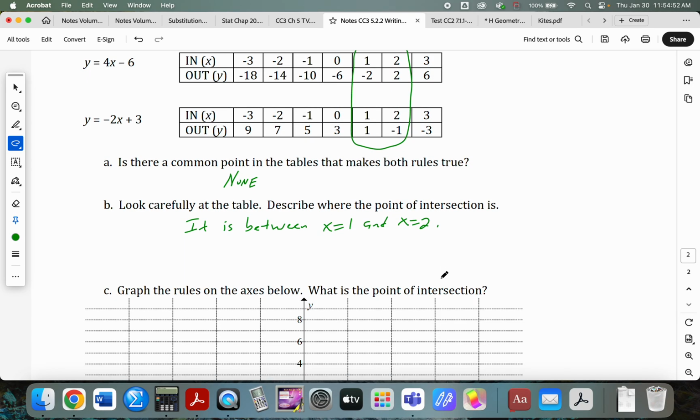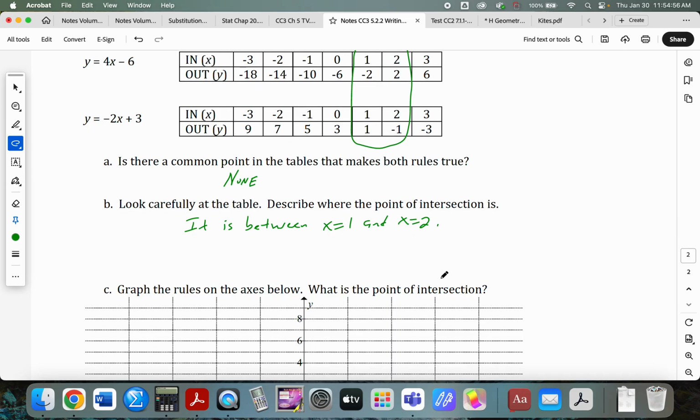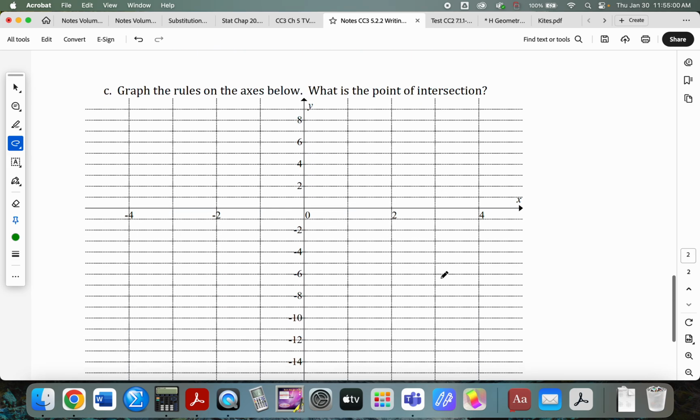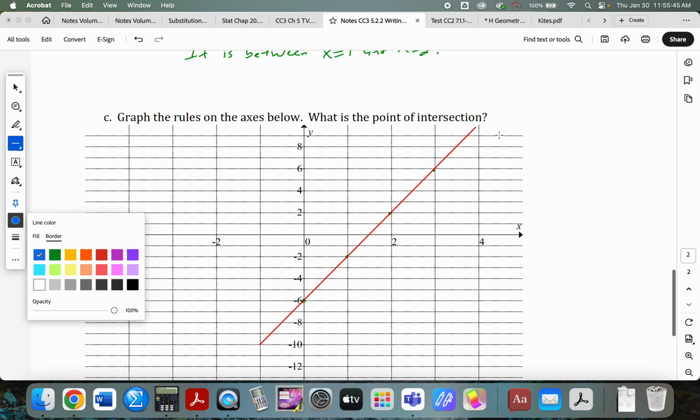Graph y equals 4x minus 6 and graph y equals negative 2x plus 3. What was the second one?